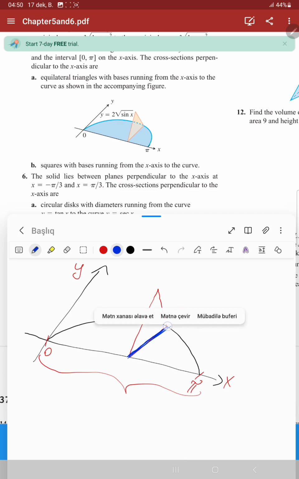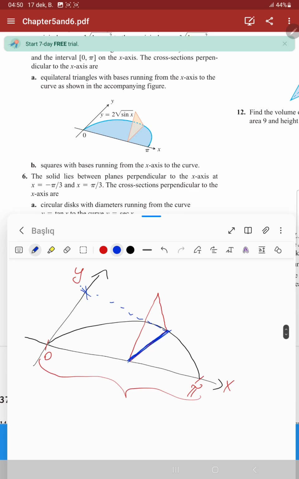You can see that it's the distance from 0 to that point. Let's say this is x, so that point will be just 2 square root of sine x.